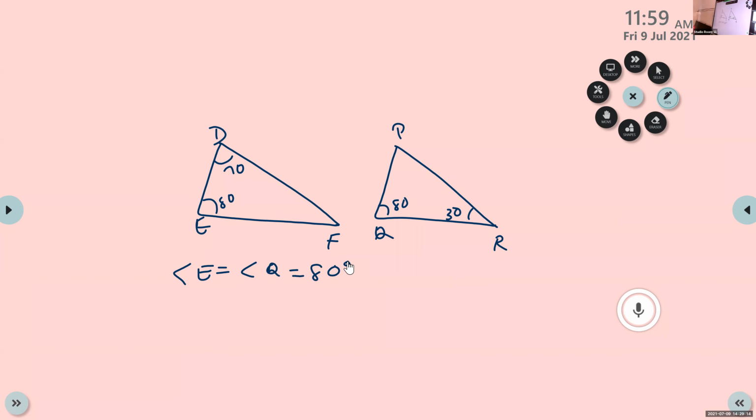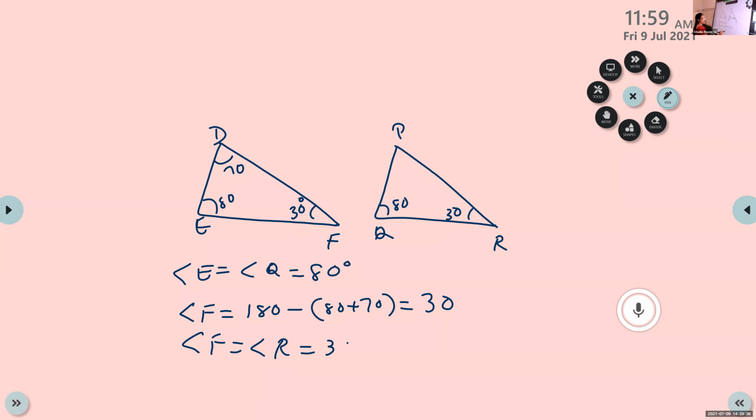Find angle F. Angle F will be 180 minus (80 plus 70), that is 180 minus 150, 30 degrees. So angle F is 30 degrees, and we can take angle F equal to angle R equal to 30 degrees.